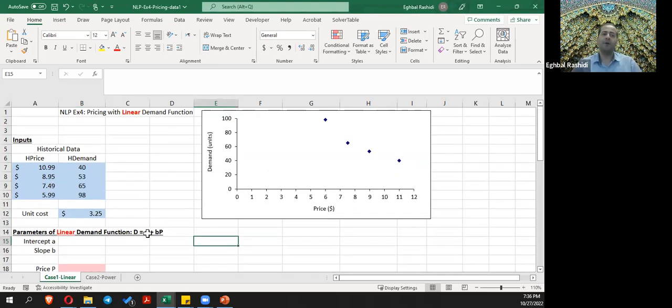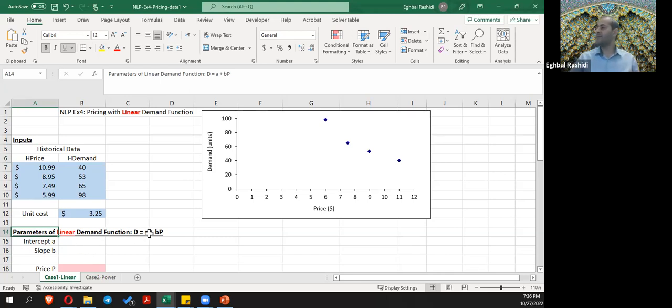In this case, we assume that the demand as a function of price is linear and is equal to A plus B multiplied by P. B actually is a negative value, because the demand has to decrease when price increases, so they need to have a negative relationship.